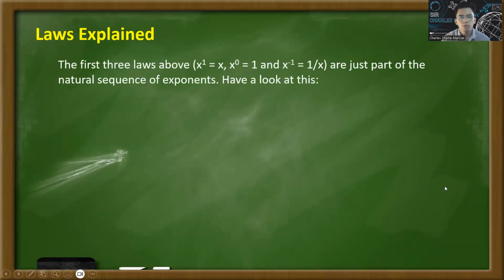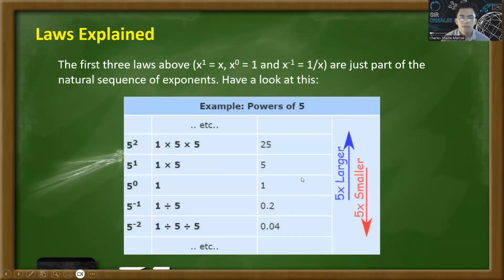Yung tatlong unang laws kanina, which is x to the 1 is equal to x, x to the 0 is equal to 1, and x raised to negative 1 is equal to 1 over x. So part lang siya ng natural sequence of exponent. Now, tingnan natin to. Kapag nakakita tayo ng 5 squared, mag-multiply tayo ng 2 beses.